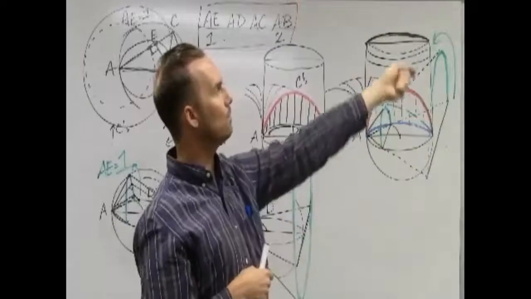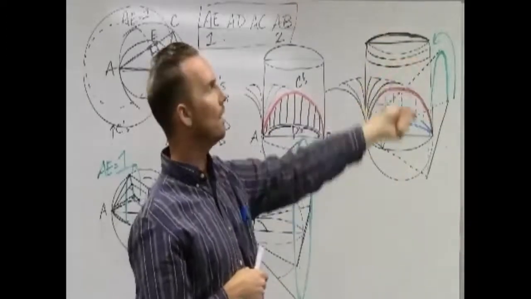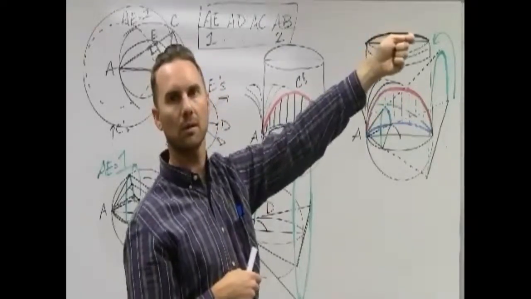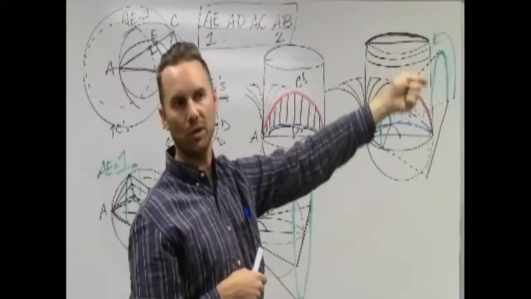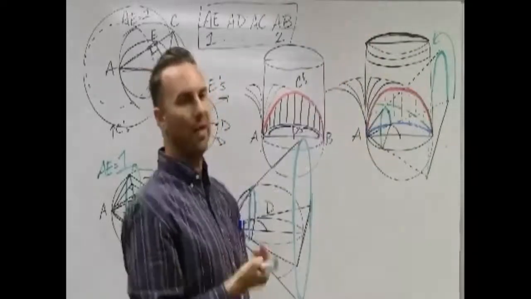And somewhere as I move my arm around that green arc along the sphere, that yardstick is going to run into that red arc. And you really just kind of have to, if you set it up in your mind so you can see the relationships, that has to happen.